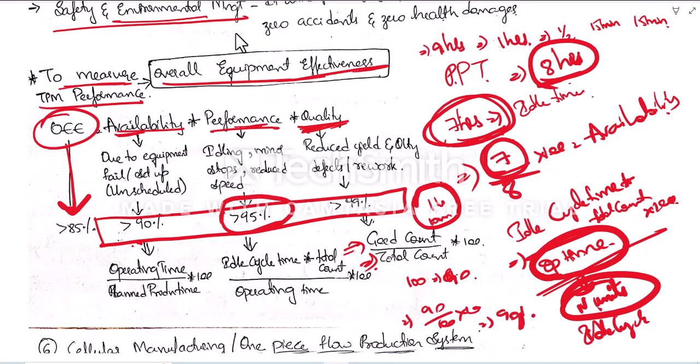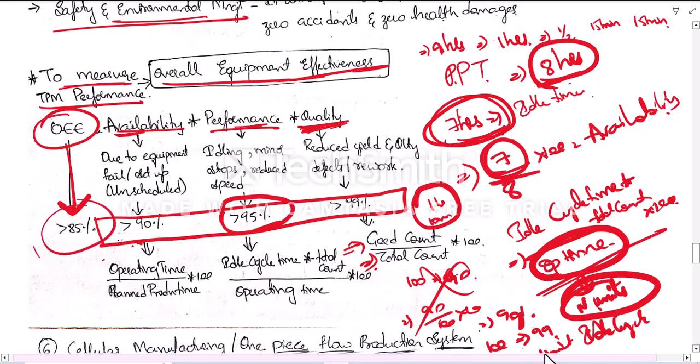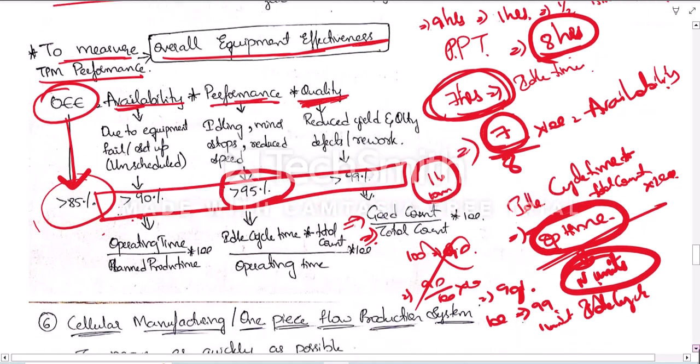But it should be 99%, meaning for every 100 units, 99 should be good units. They can have only one defective unit. So it is not performing well. In that way, we calculate each ratio and multiply the 3 of them to get the overall equipment efficiency. If it is more than 85%, then it is said that TPM is performing well.